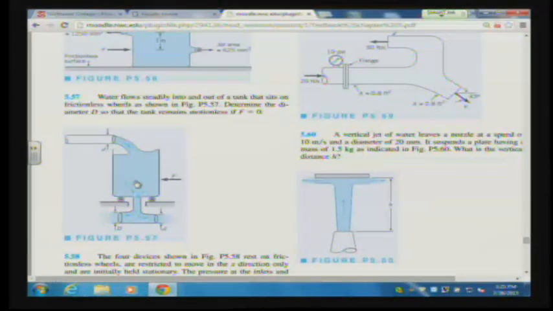The water flows into the tank, and it comes out of 2 outlets at the bottom, possibly. One is diameter little d, same as this, right? The other is diameter capital D. And what they're saying is we have wheels here, and we don't want it to move. We want this force to be equal to 0.